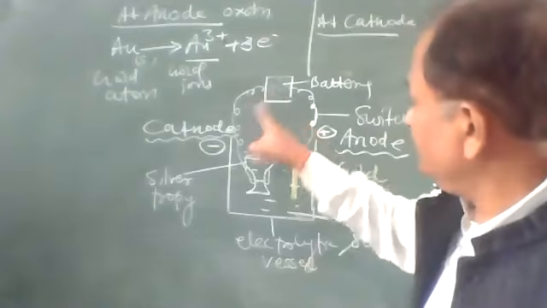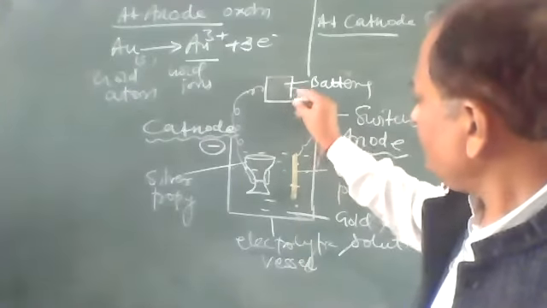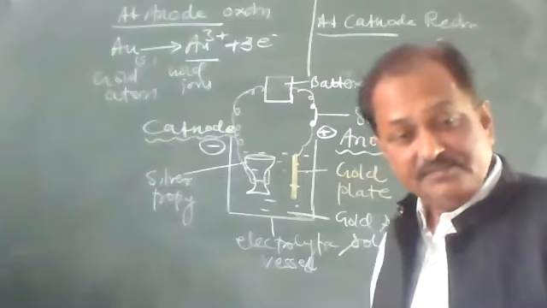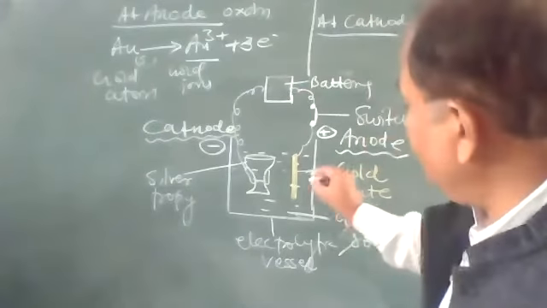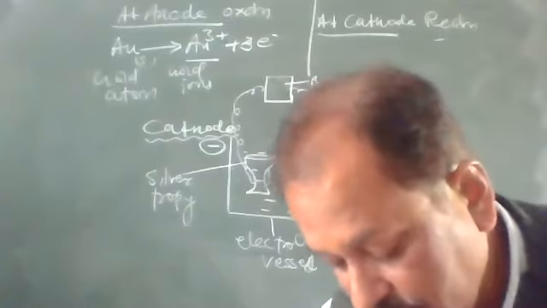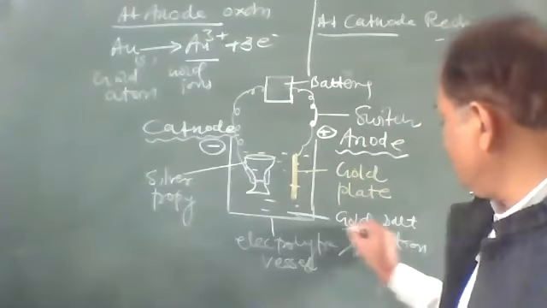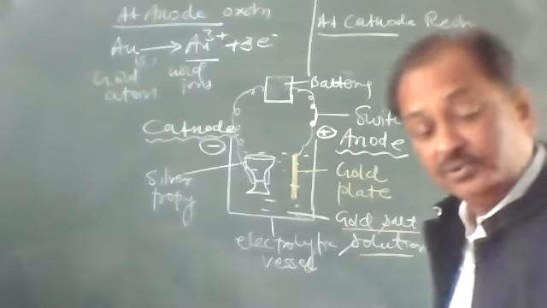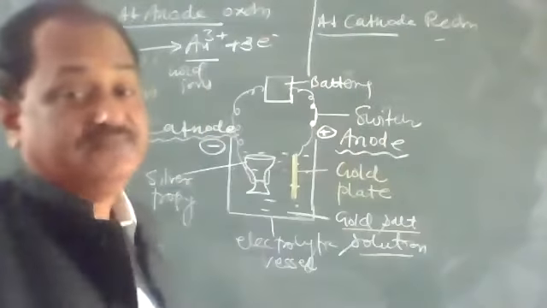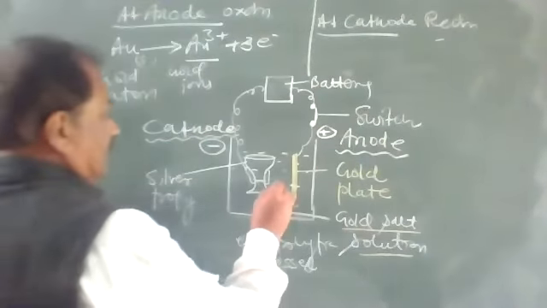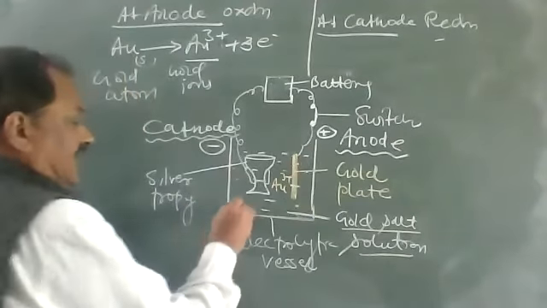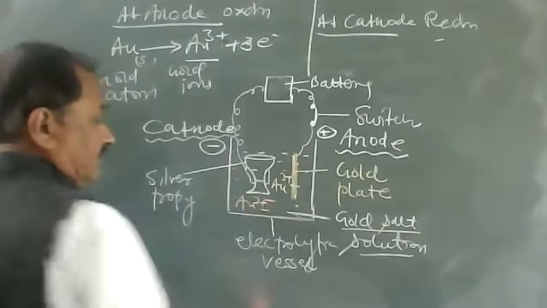So here there is a circuit, and the circuit is complete. What happens? Gold ions will be here. We have taken the gold salt solution, and a gold plate is also taken to provide excess amount of ions. So throughout, gold ions will be present.